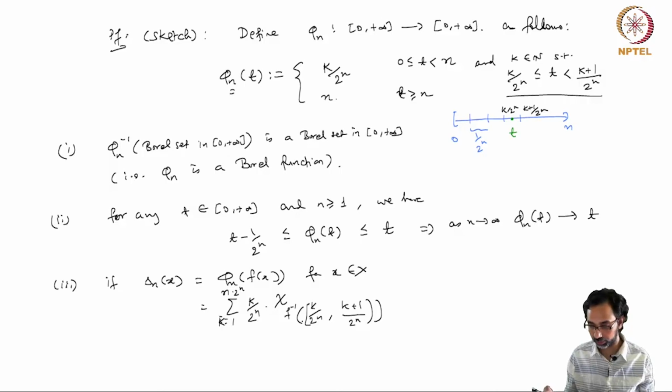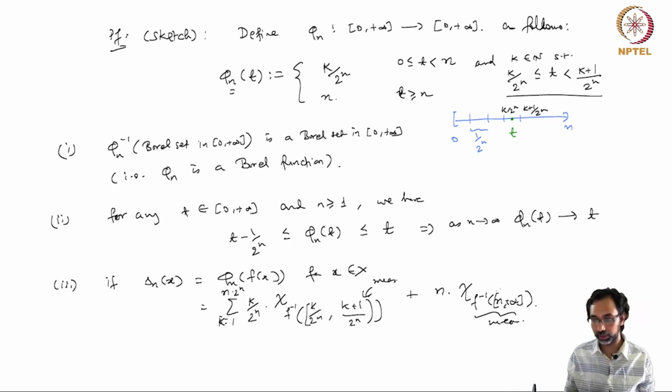The indicator functions are all measurable functions, plus you have n times chi of the set f inverse of [n, +infinity]. So this is a finite sum of indicator functions of measurable subsets of X.